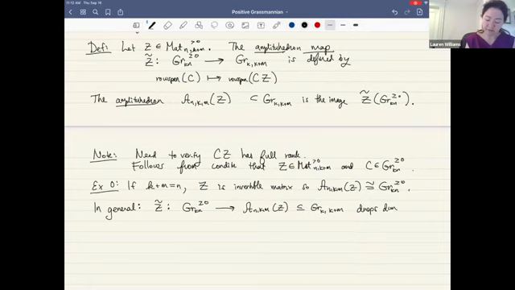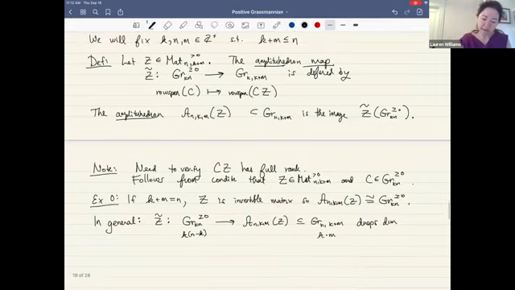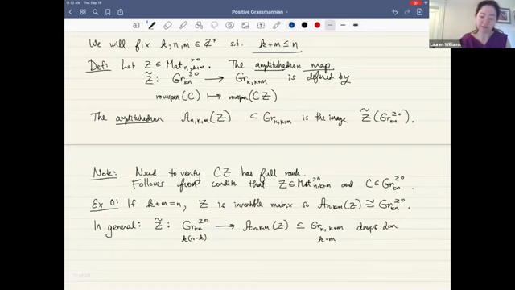Right, the domain has dimension k times n minus k, and on the other hand, the image has dimension k times m, and because we've imposed at the beginning that k plus m is at most n, this map will drop in dimension in general.